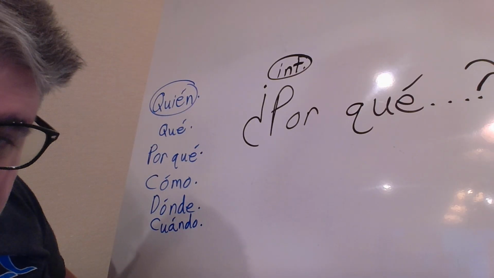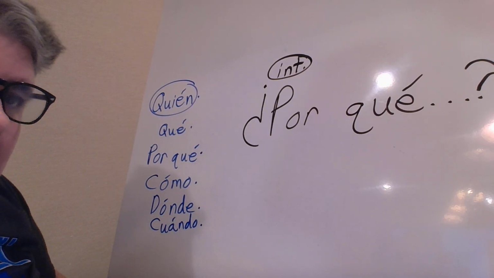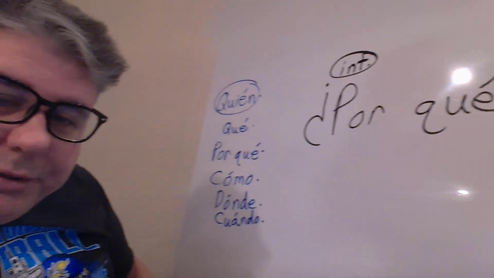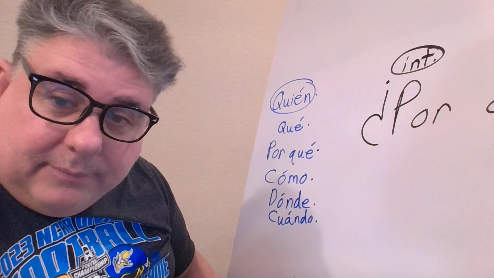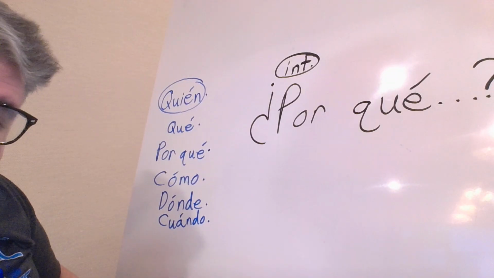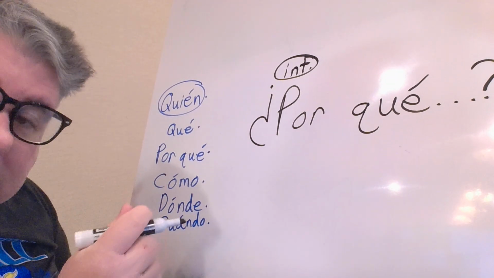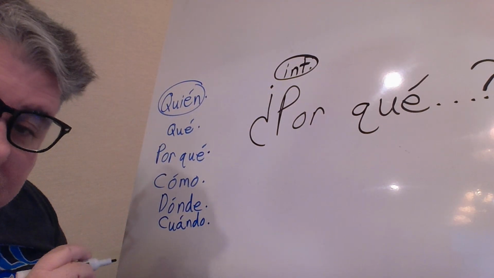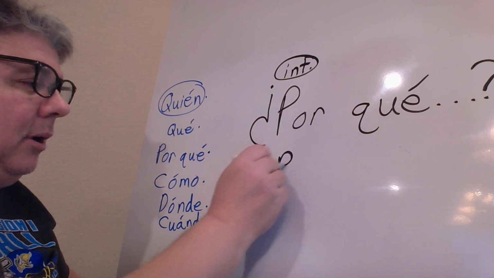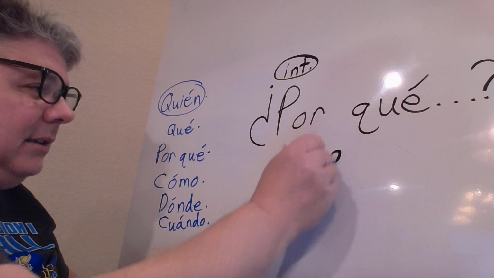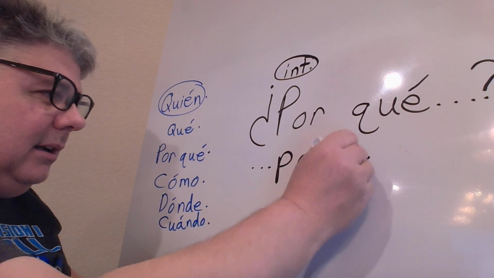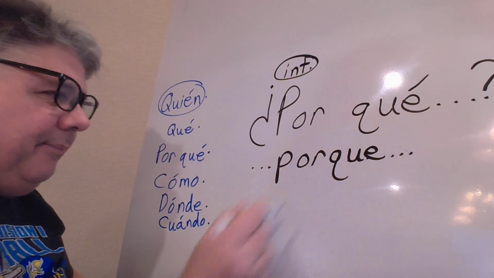Now, here's the thing. When you convert it to a declarative, usually it converts to the word because. And it goes from two words as a phrase with an accent to one combined word with no accent. So watch this. Like let's say you had dot, dot, dot, and then dot, dot, dot, toward the end of the sentence.